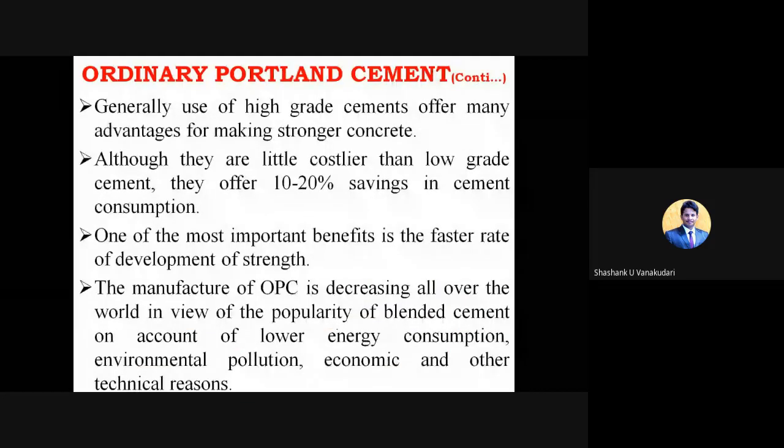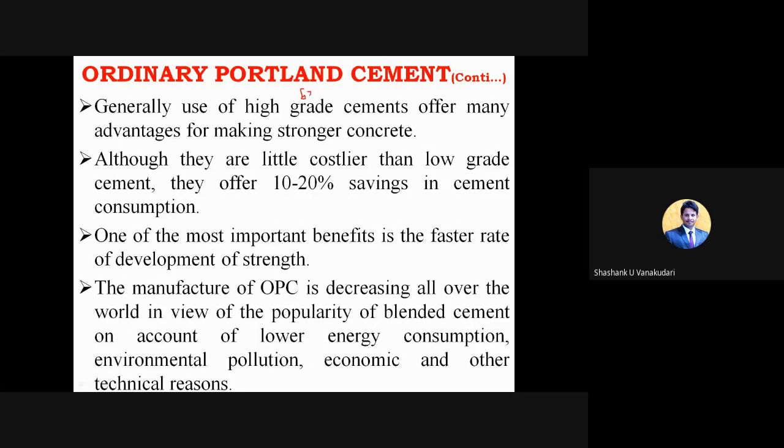Then generally the use of high grade cement offers many advantages for making stronger concrete. High grade cement means cement of grade IS 53. That gives many more advantages for stronger concrete because all the ingredients we use in IS 53 are purely rich in their original content.